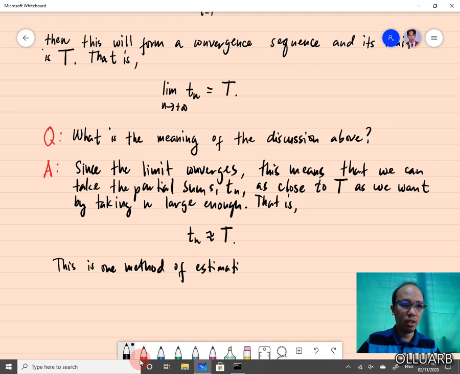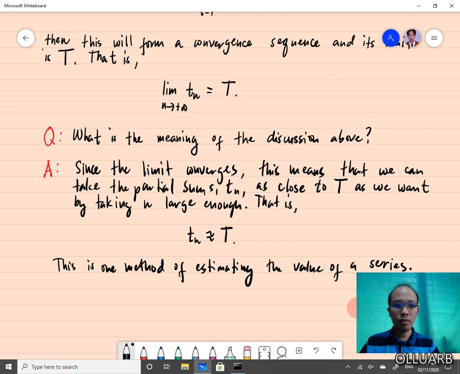So please remember that. That's why in this topic we are going to estimate the value of a given series.